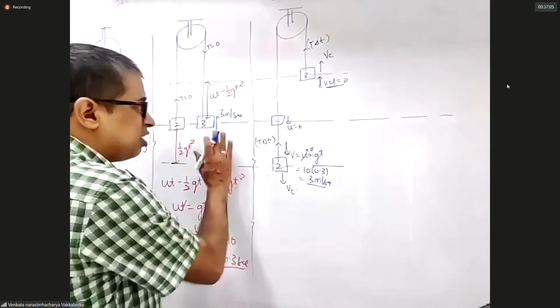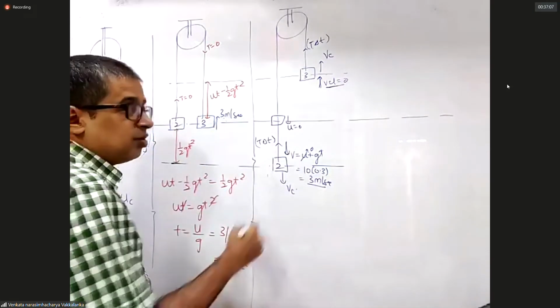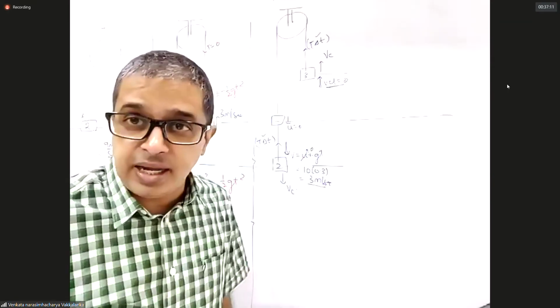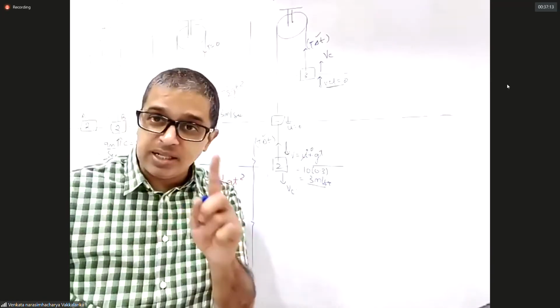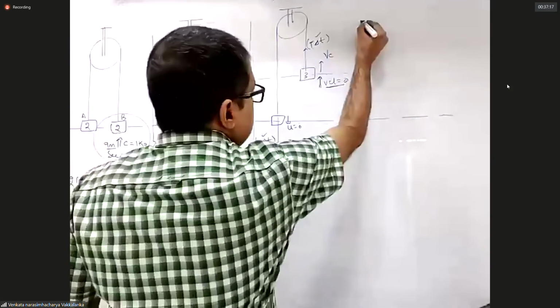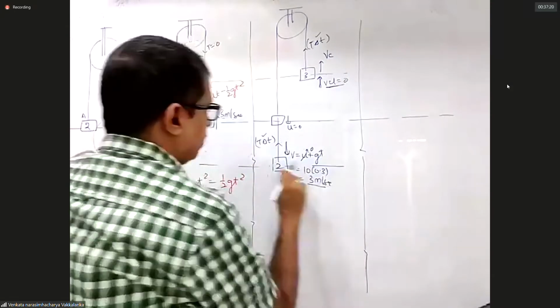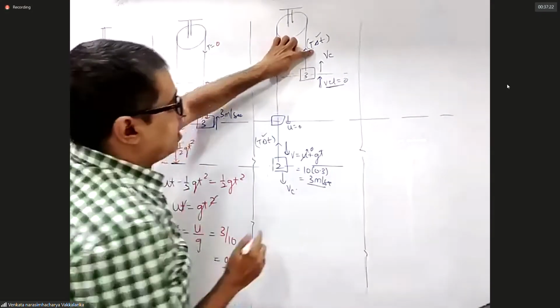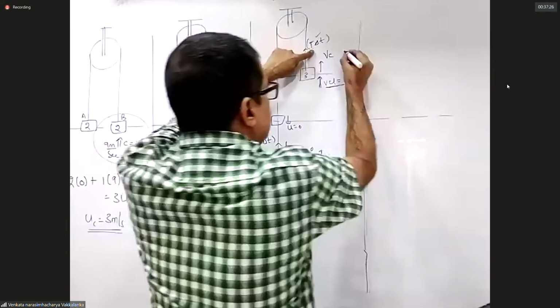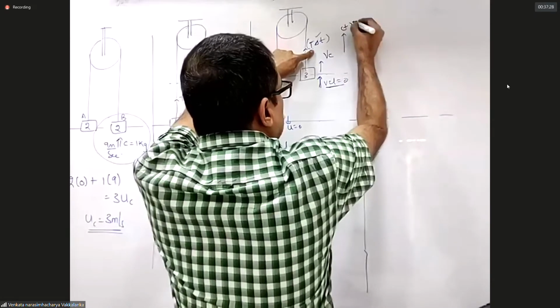In Newton's laws, I stopped here at 0.3 seconds. Now I am speaking about the impulsive force T delta T. Upward I am taking as positive. Everything in the upward direction is positive.